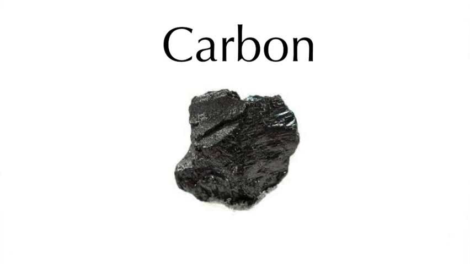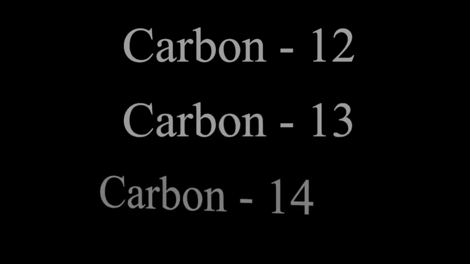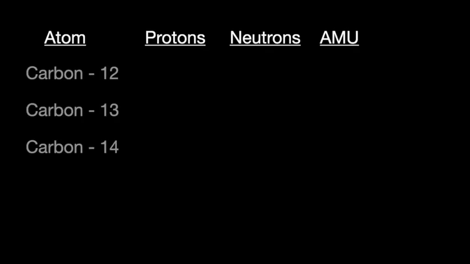If we were to take a random sample of carbon, we would find 3 types of carbon atoms: carbon-12, carbon-13, and carbon-14. We know each type of carbon atom has 6 protons because that is what makes carbon carbon. Since carbon-12 has an atomic mass of 12 AMUs, how many neutrons must it have? 6.